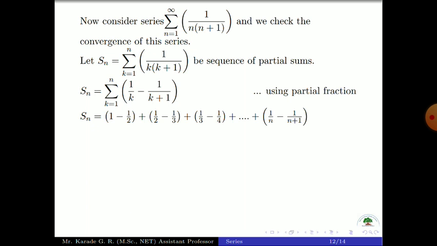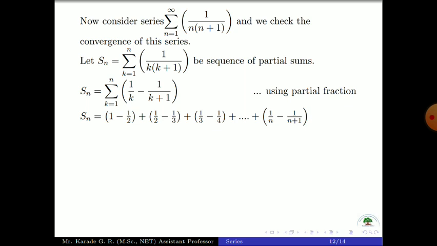Sn is equal to the first term 1 minus 1 half, plus the second term 1 half minus 1 by 3, plus the third term 1 by 3 minus 1 by 4, plus dot dot dot, plus 1 upon n minus 1 upon n plus 1. So I have written all the n terms of this Sn, but we observe that minus 1 half from the first bracket will get cancelled with 1 half in the second bracket.